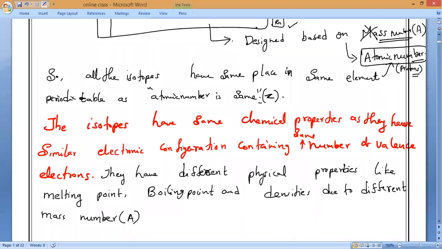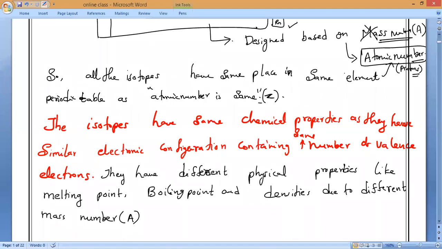Chemical properties, atomic number. Keep it in mind that. Write it.